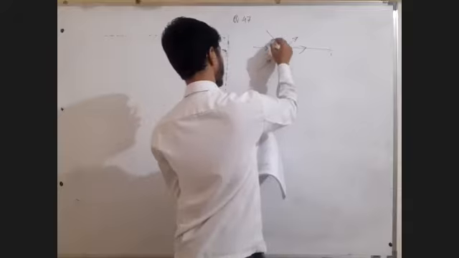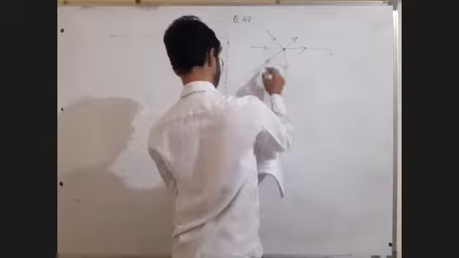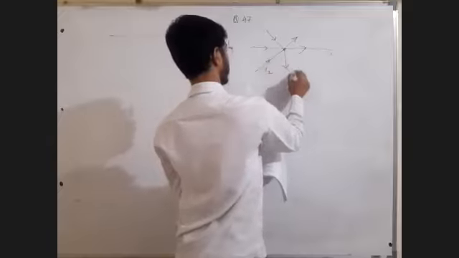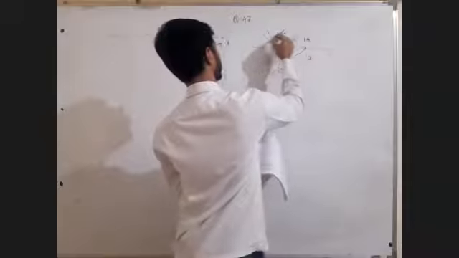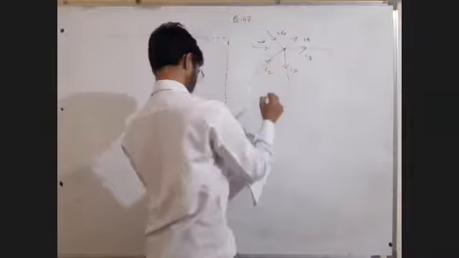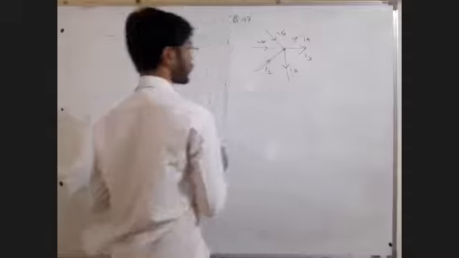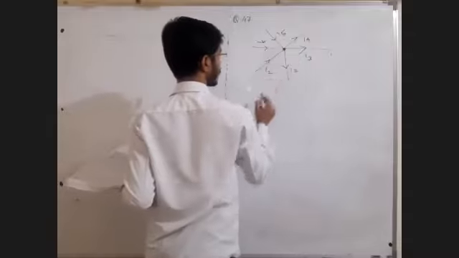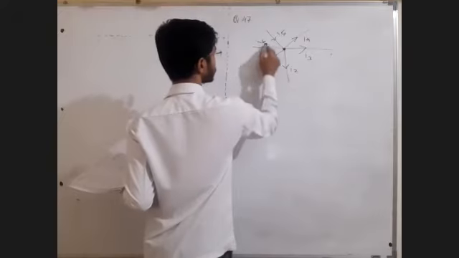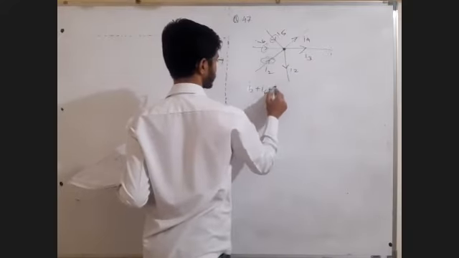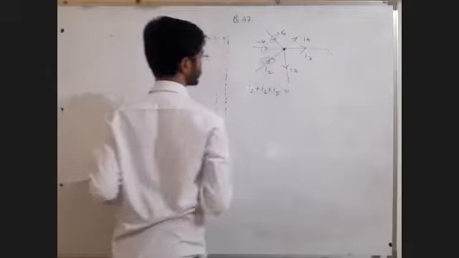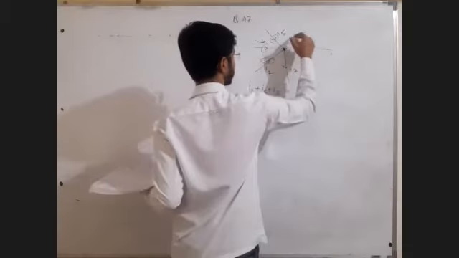I1, I2, I3, I4, I5, I6. All currents flowing towards the junction is equal to all currents flowing away from the junction. Towards: I2 plus I6 plus I5. Currents flowing toward the junction is equal to currents flowing away from the junction.